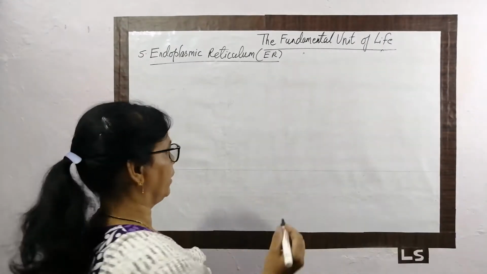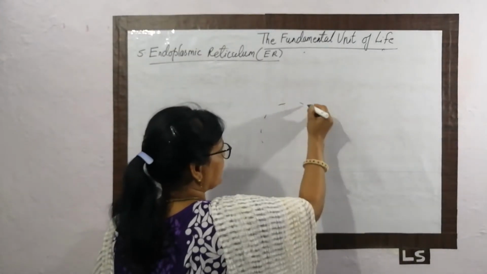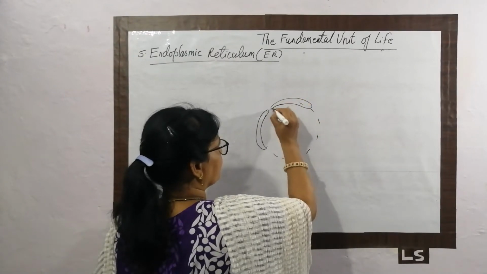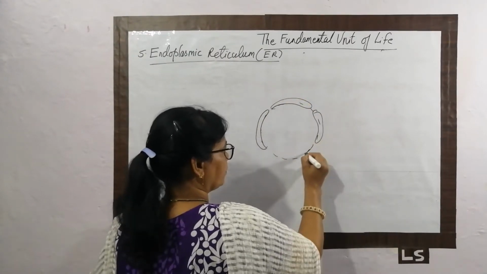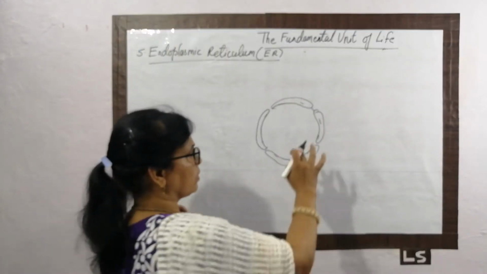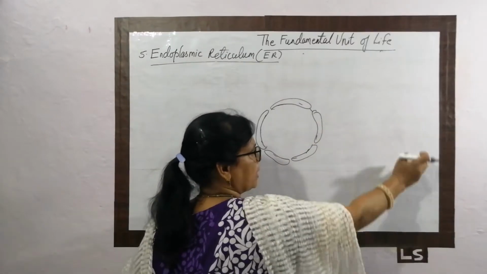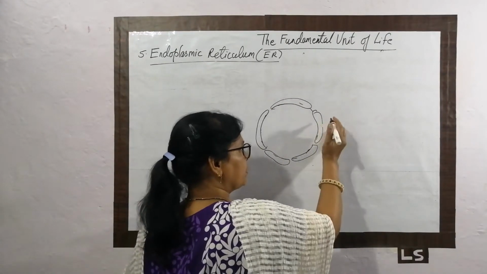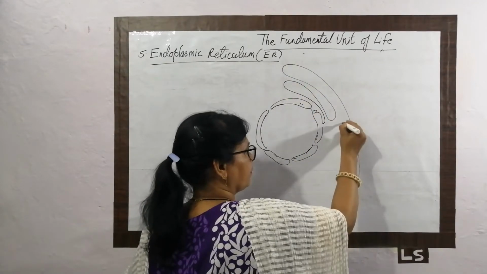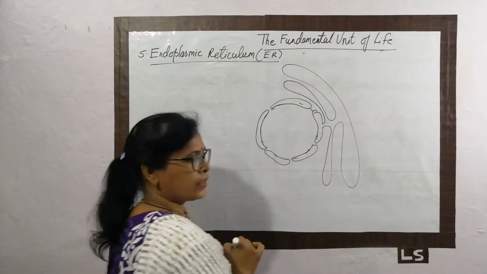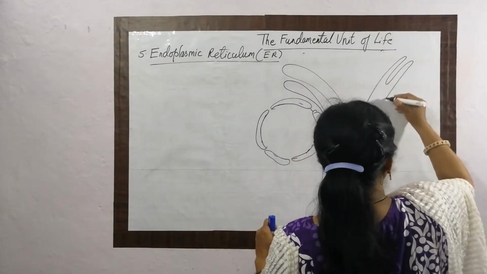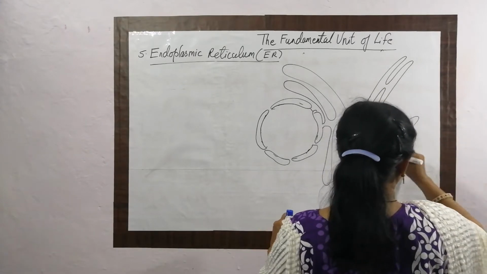But where? Now let's move again to the previous diagram. This is the nucleus. We already learned about it. Cytoplasm is present outside this. Here the plasma membrane is there, and this endoplasmic reticulum is present in tubular form like this outside the nucleus, or it is present in the cytoplasm only like this or like this.